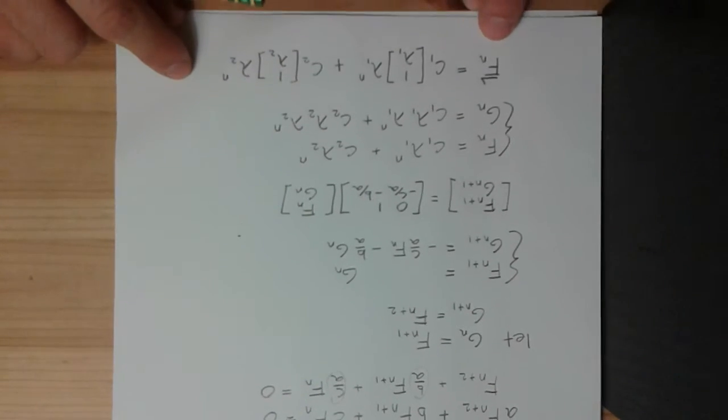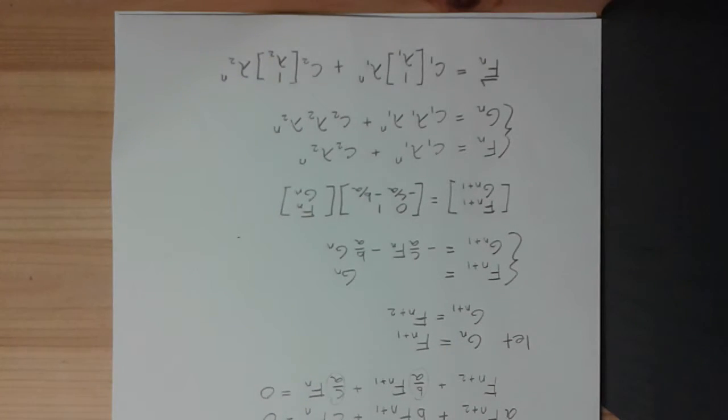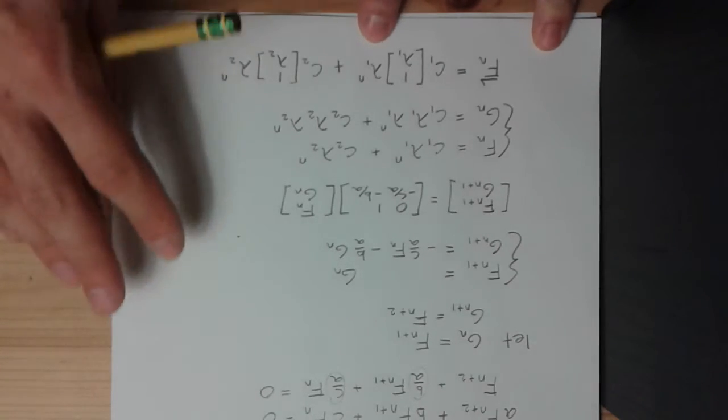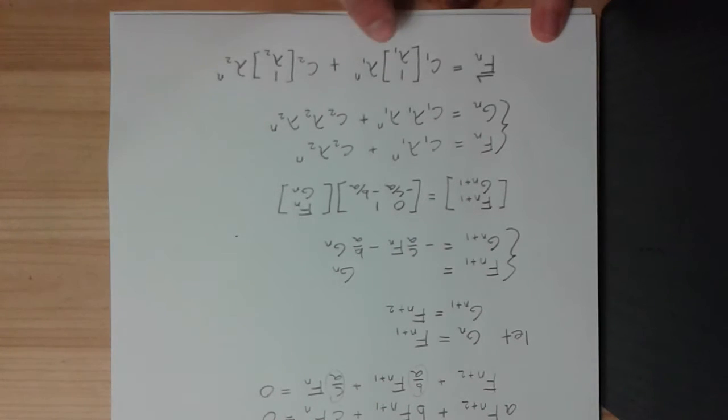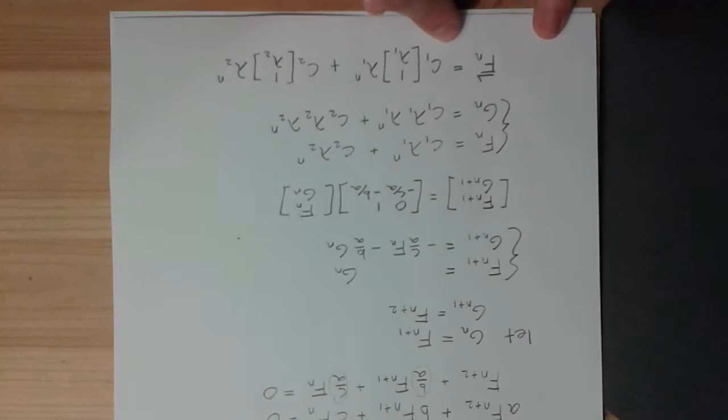This is actually kind of significant, because what we've seen is that if we start with a second order equation, we now know what the solution to the matrix equation looks like, or the solution to the system of first order equations.